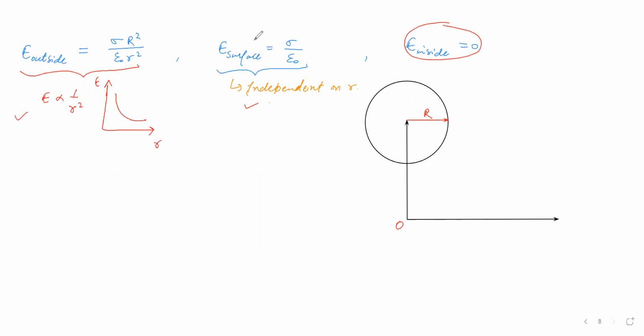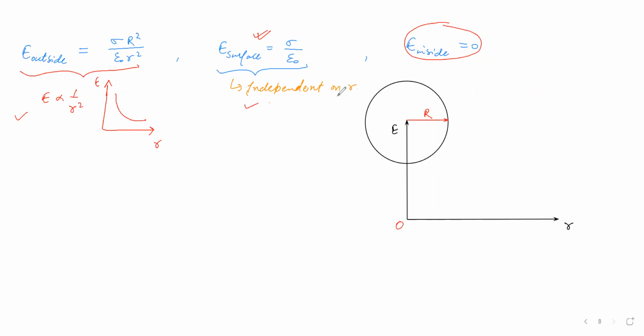We are coming to E surface. For E surface, you can look here. This is your R axis and this is your electric field axis. Can anyone tell me what the graph drawn for E surface will be?